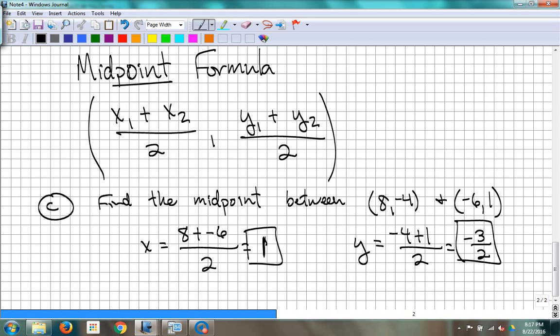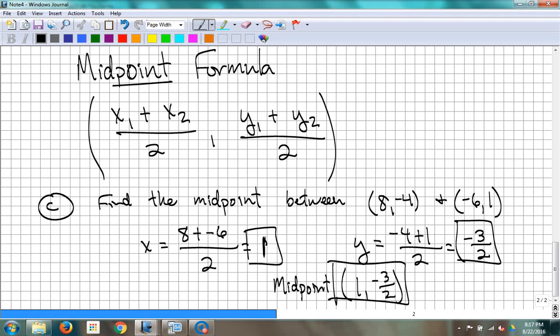Ordered pair, midpoint, 1, -3 halves. There's rhyme and reason why I set them up separate like that, because we're about to do some problems that stretch it a little bit. Get you a little higher on the totem pole of mathematics. By setting them up separate like that, it really makes the next part easier. Maybe not easy, but easier.